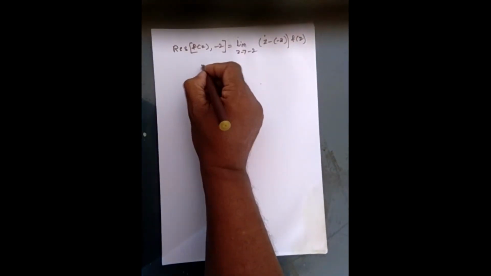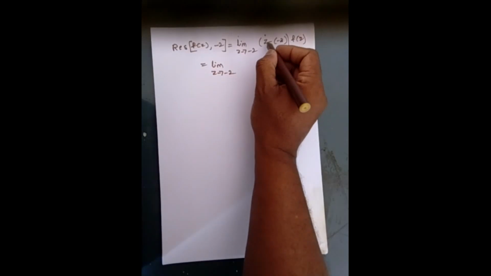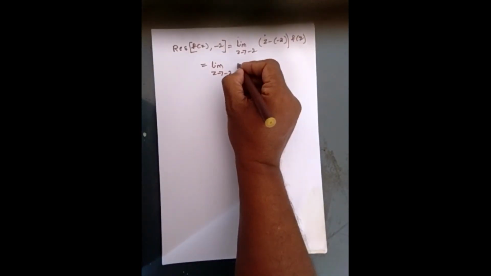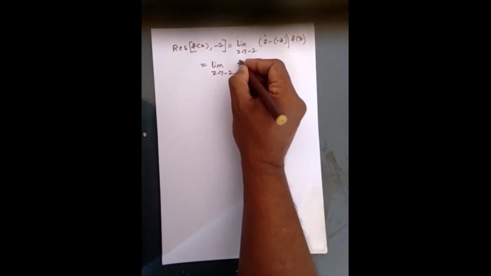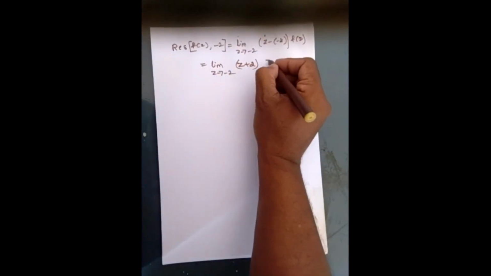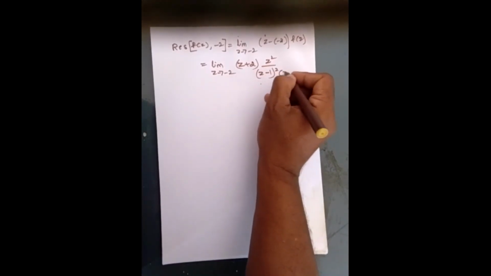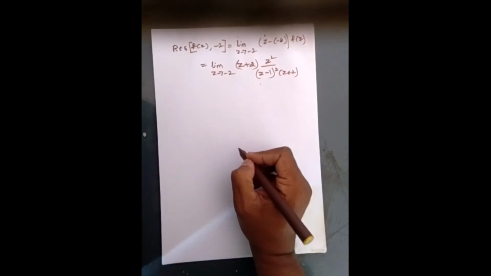Here a is minus 2, so that is the limit as z tends to minus 2 of (z plus 2) into f of z. So what is f of z? f of z is z square divided by (z minus 1) whole square into (z plus 2).